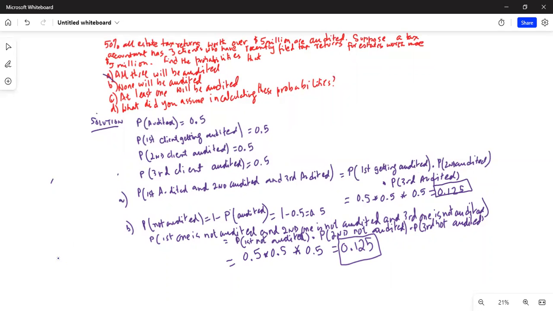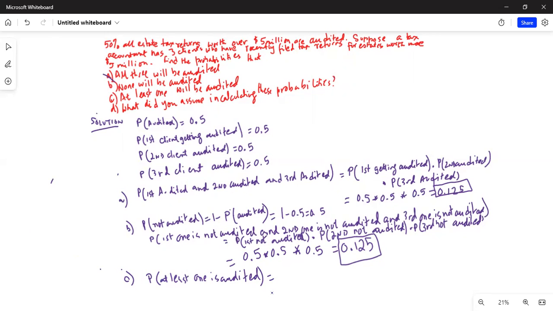Part C. So let's do part C. The probability that at least one is audited is equal to, again, we will use the law of complement event.